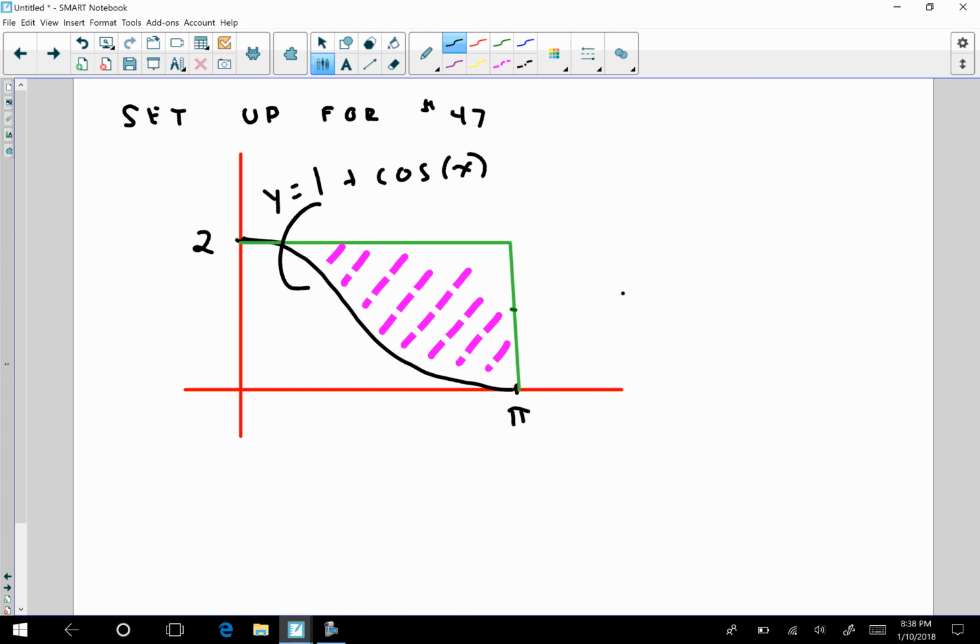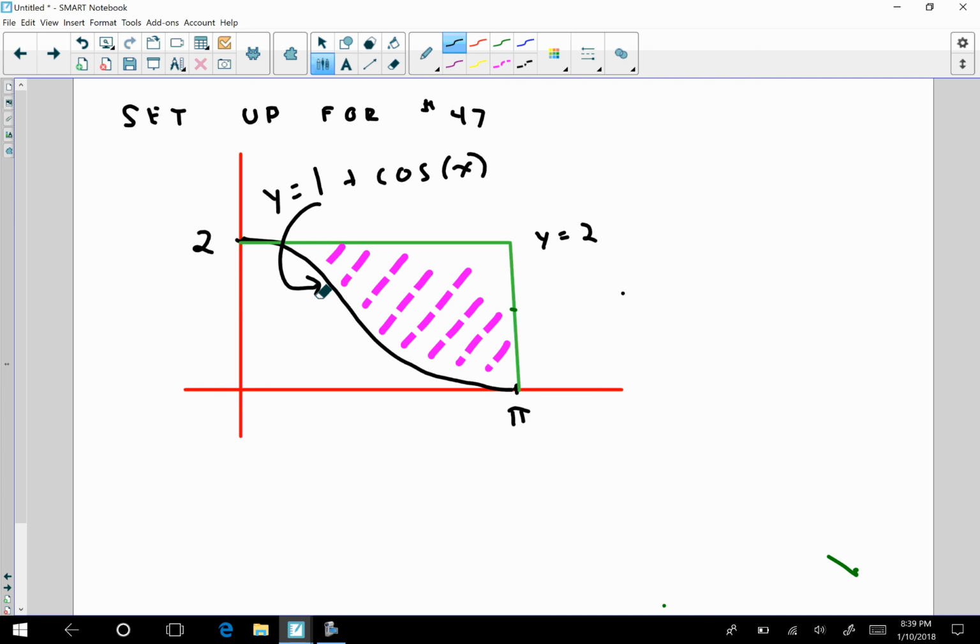That's this graph right here. I have this constant function y equals 2 here, and I'm stopping everything at the number pi. So this is what I want, that purple area. How do I find that purple area?